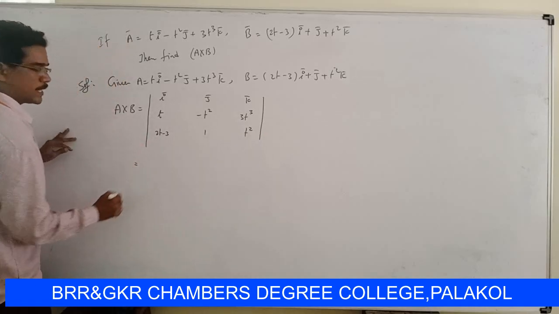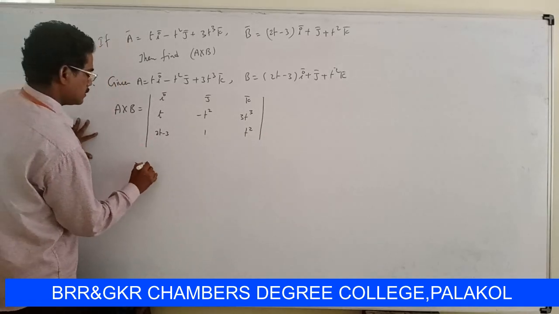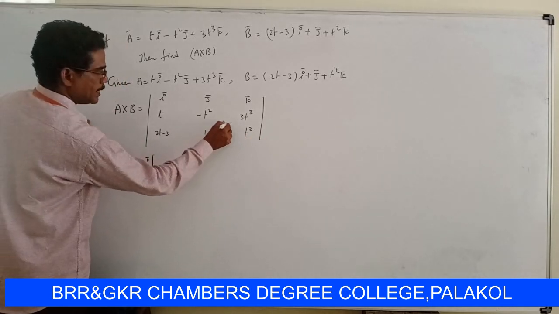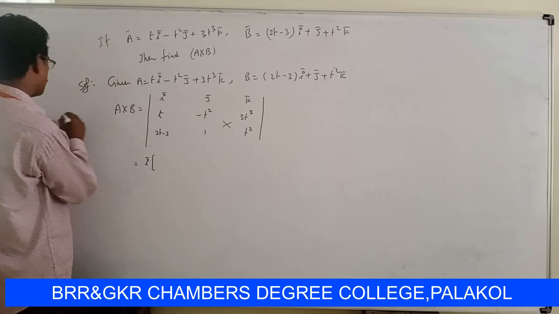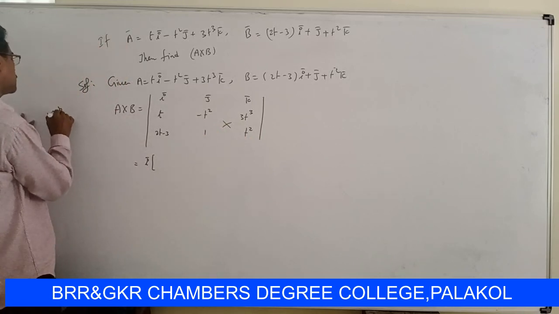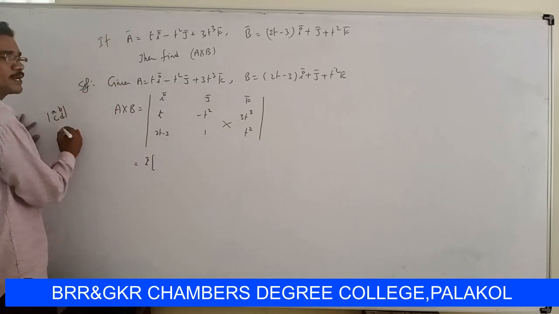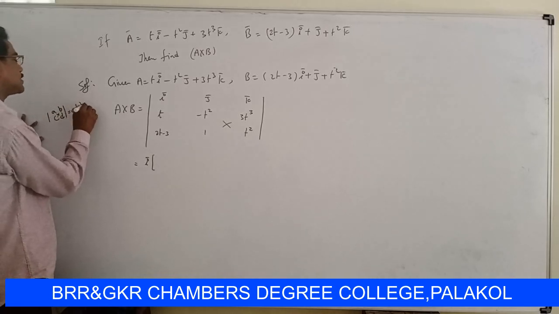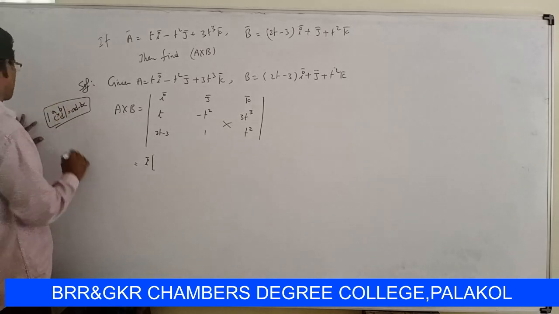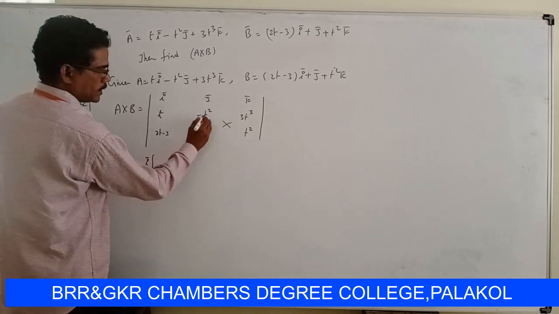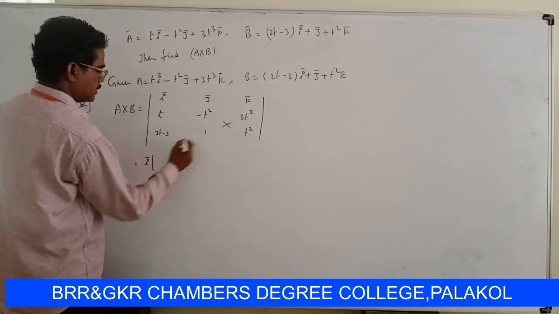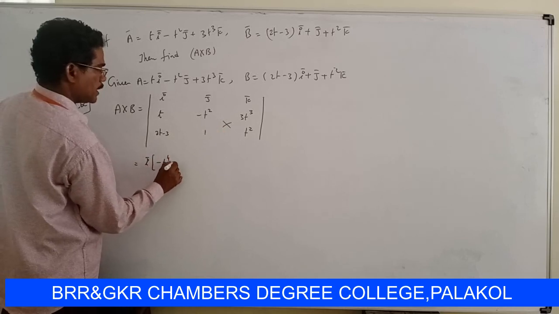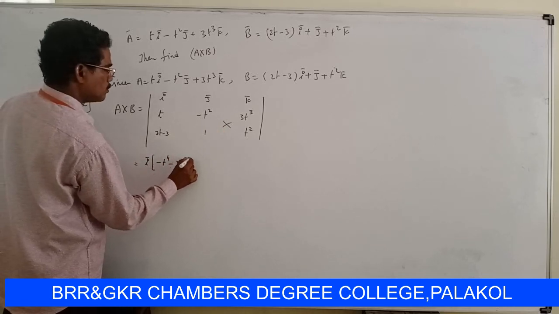So now applying the determinant operation, i into AD minus BC. For a matrix ABCD, the determinant is AD minus BC. So AD minus BC means minus t power 4 minus 3t cube.